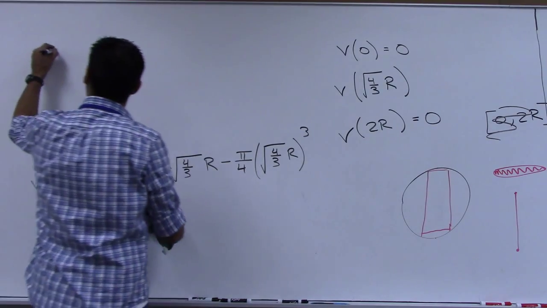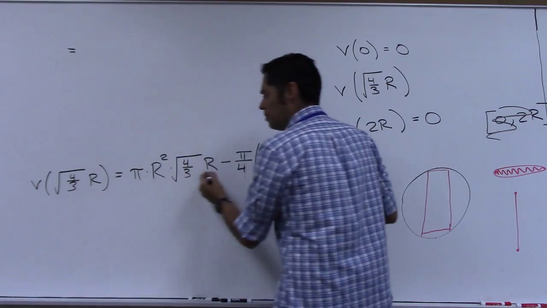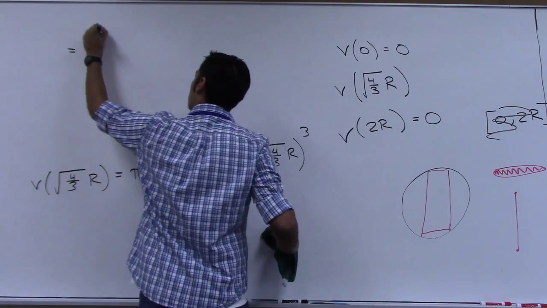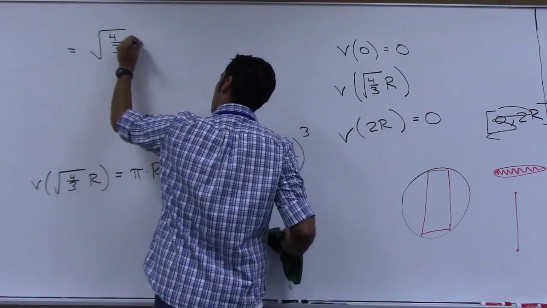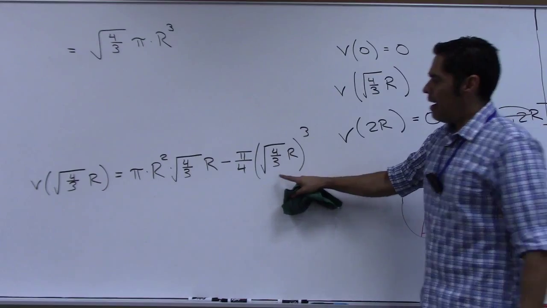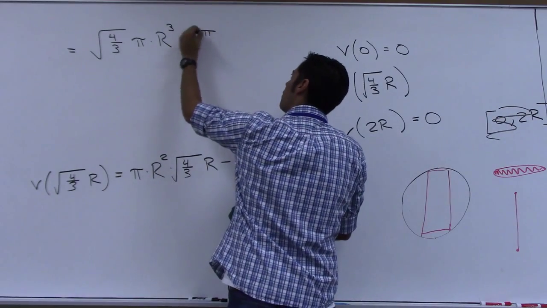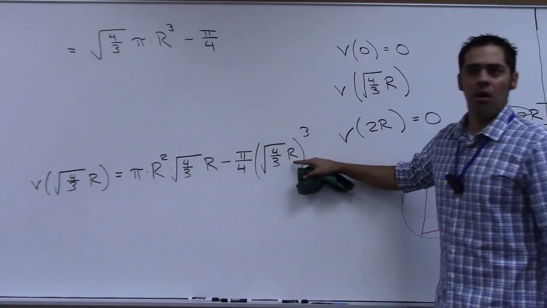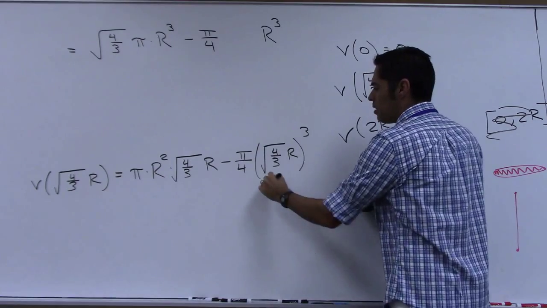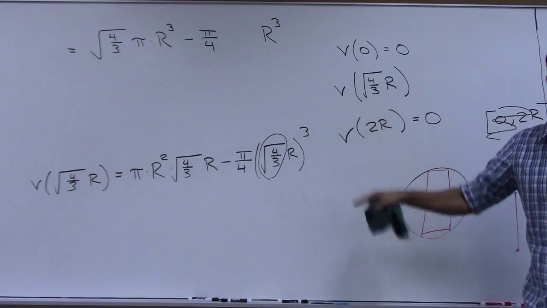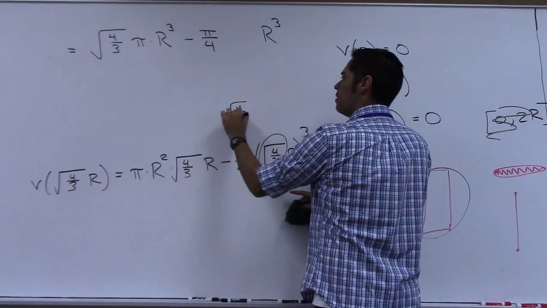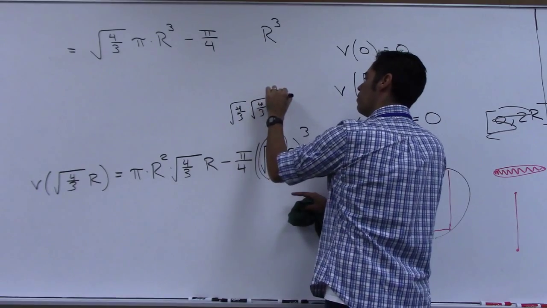So this will turn into, let me clean it up. I have r cubed here. And this root thing I'm putting in front of the pi. So we've got root 4/3 pi times r cubed. Over here, I have minus pi over 4. When I cube the r, I get r cubed. Now, what happens when I cube this? It's it times itself times itself, right? So what happens when you do it twice? Root 4/3, root 4/3, root 4/3.